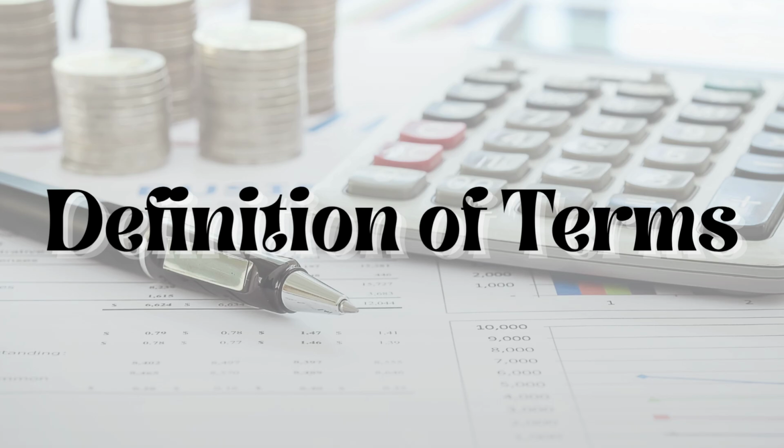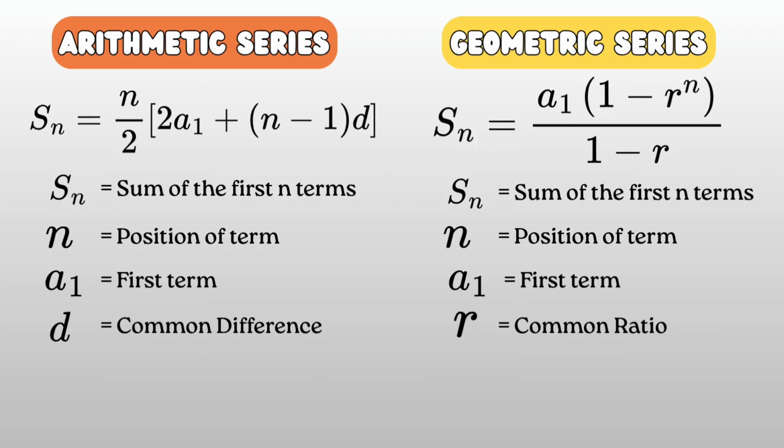First, let's look at our definition of terms. Let's look at our new symbol, S sub n. It simply means the sum of the first n terms. For an arithmetic series, we use this formula.